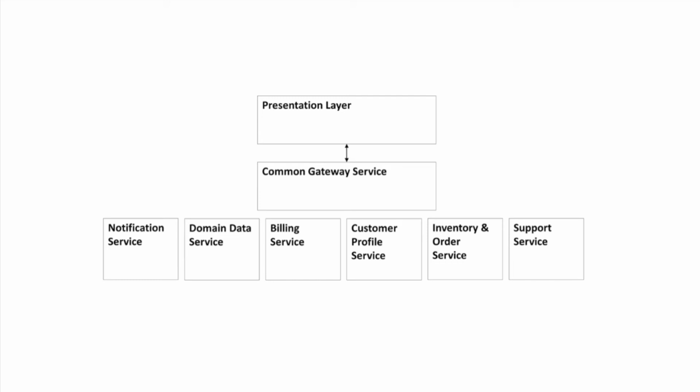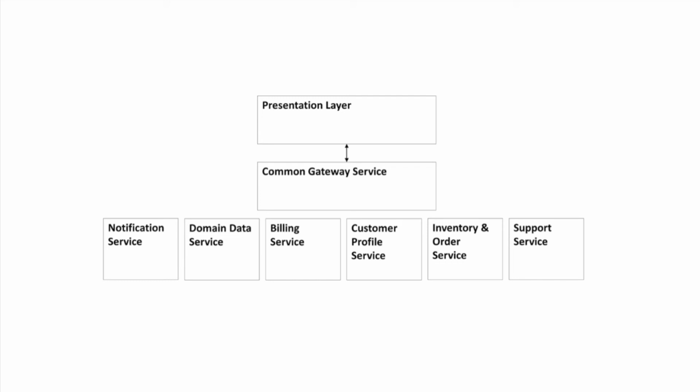So here's an image that shows a presentation layer going through a single gateway service. That gateway service acts as a layer of abstraction, an intermediate gateway that then can reach all the rest of the services behind it. It could aggregate or create some kind of sequenced calls that actually need to piece together data across the backend services that exist.